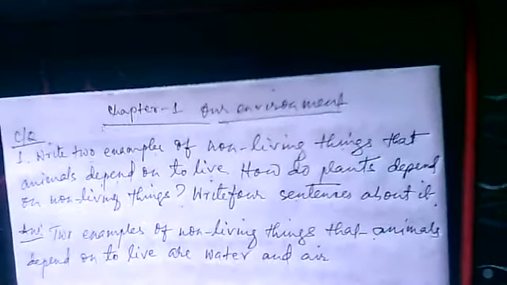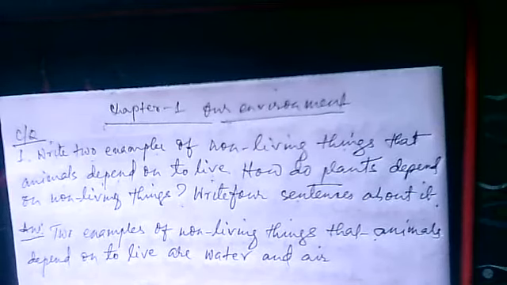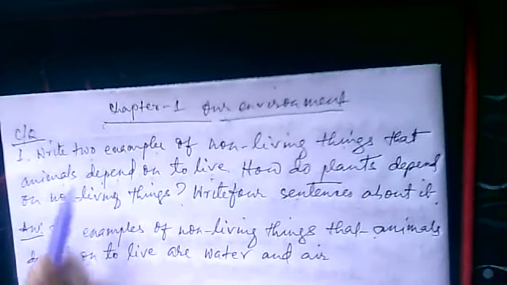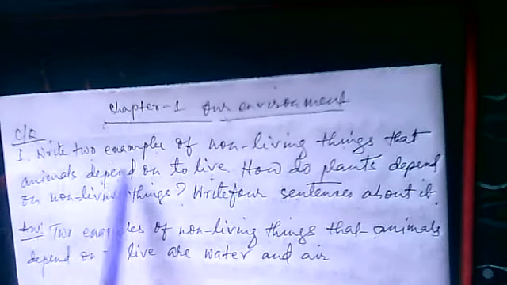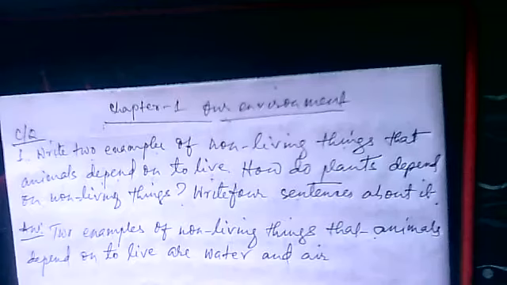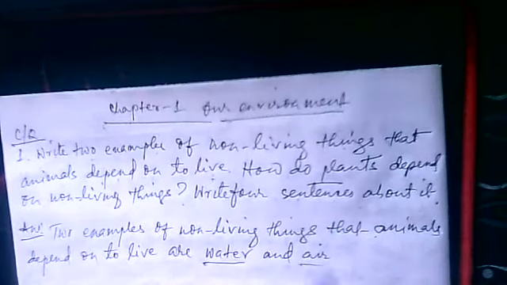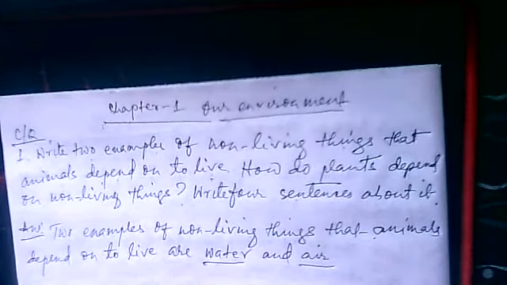Okay, 2 things, and there are many other things also. Because in the question only 2 examples are mentioned, the first example is water and the second example is air. So based on this air and water, we have to write the answers.